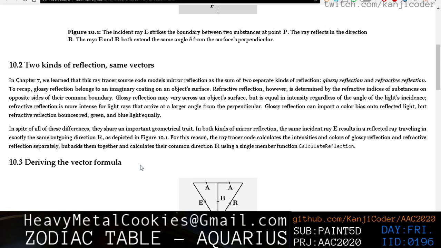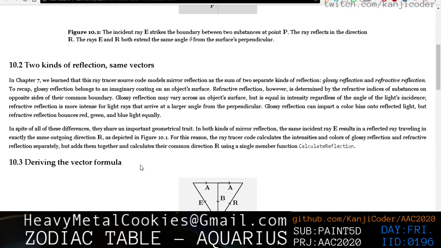Refractive reflection is more intense for light rays that arrive at a larger angle from the perpendicular. Glossy reflection can impart a color bias into reflected light, but refractive reflection bounces red, green, and blue light equally. Okay. A little bit more information than I need.